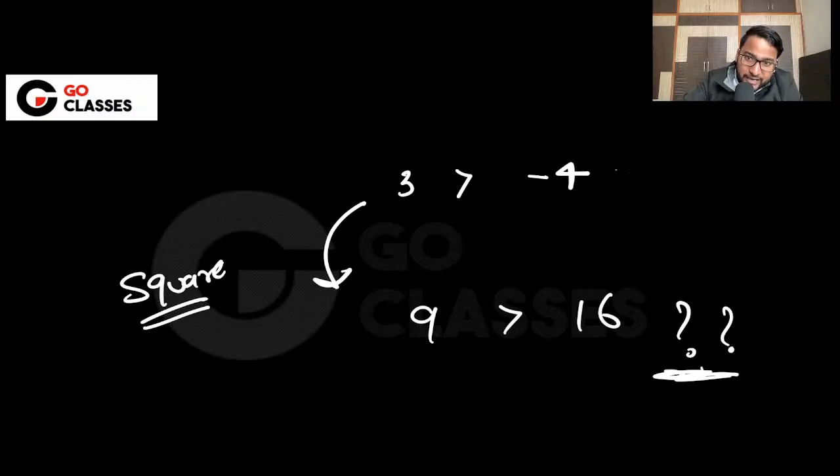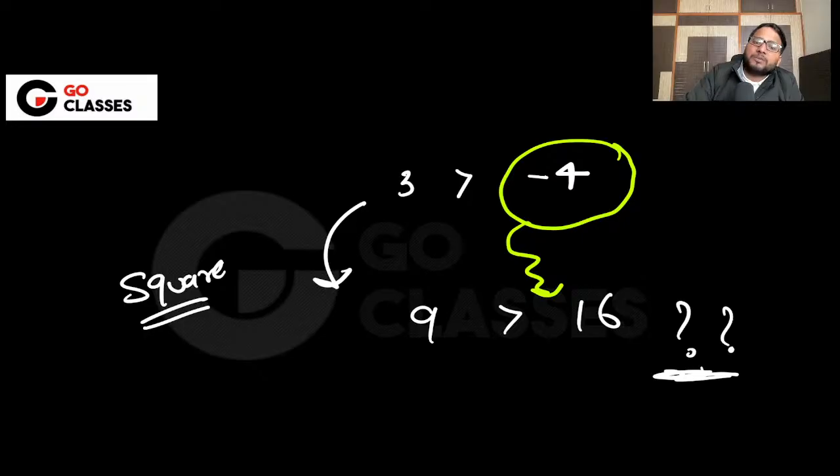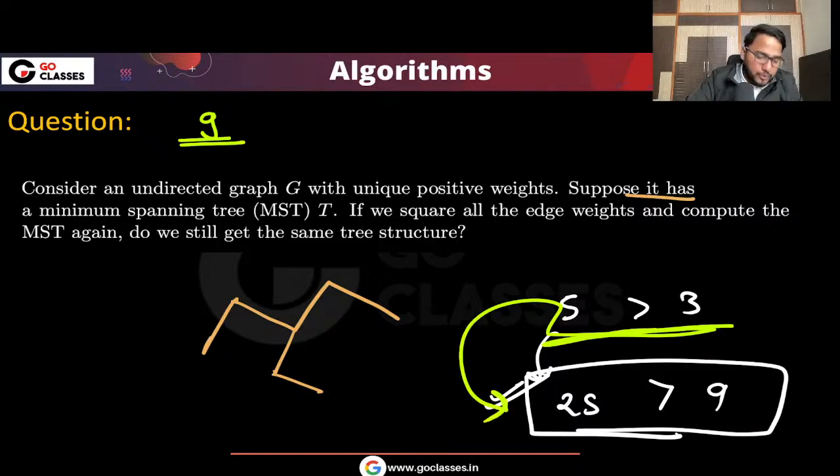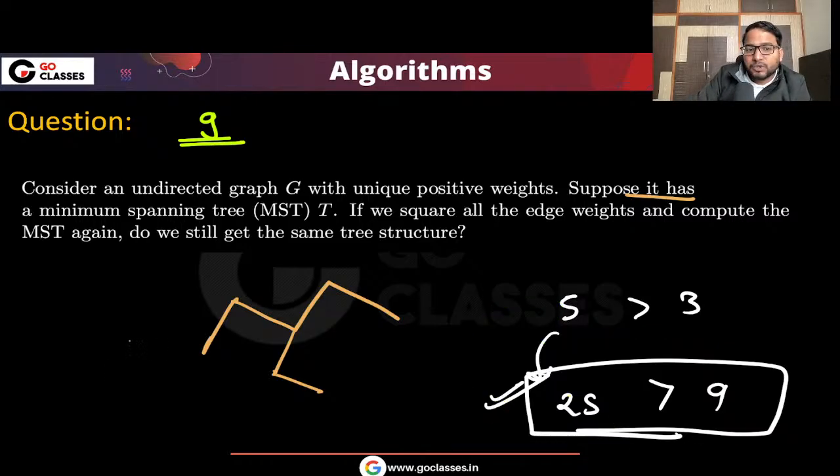If there is a negative edge weight, then the relationship may not still hold. This is the problem. But if there are unique positive weights only, then the relationship will be holding. So if x is greater than y, and both are positive, you square them, again the relationship will hold. So that is why it is true. Otherwise it could have been false.